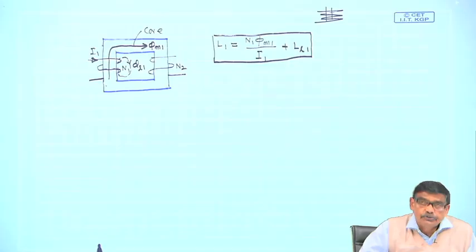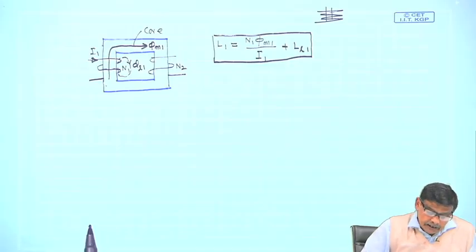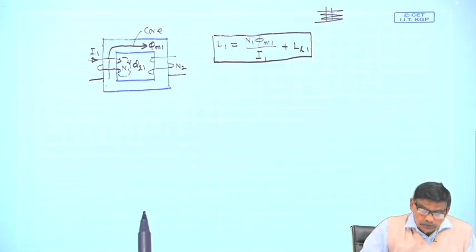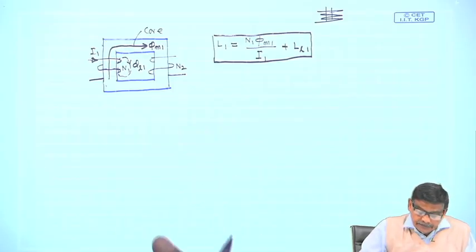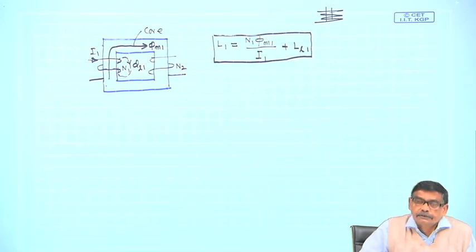Now, what is the mutual inductance? When there are two or more coils sharing a common magnetic circuit, then if any of the coils carries current, there is going to be flux linkage with the other coils.